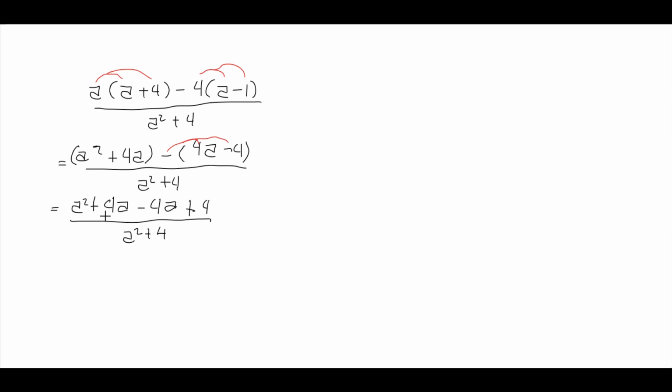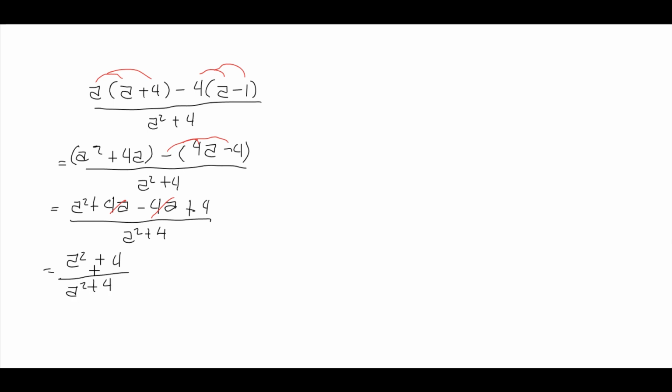As you can see, the numerator has like terms that cancel out directly. So we can rewrite the expression as a squared plus 4, and copy again the denominator, a squared plus 4.